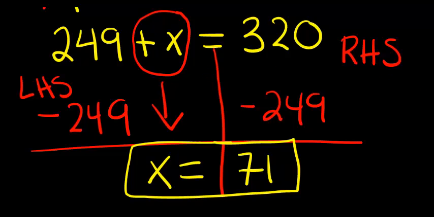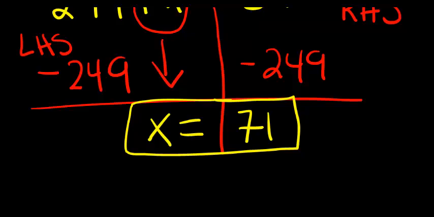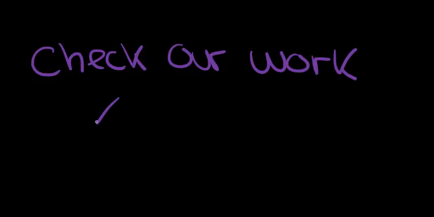Is that right? Well, to see if our solution is correct or not, we have to check our work. So we're going to go ahead and check our work. We came up with a solution that the fourth test had to be a 71.